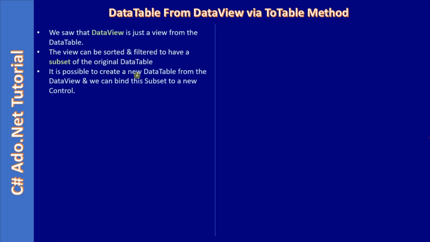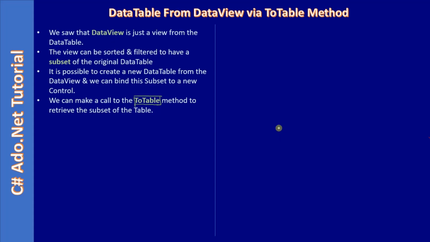We saw how to sort and filter. It is possible to create a new data table from the data view, and we can bind this subset to a new control. We can make a call to the ToTable method. That's the method to extract a data table from a data view. You can also construct the data view.